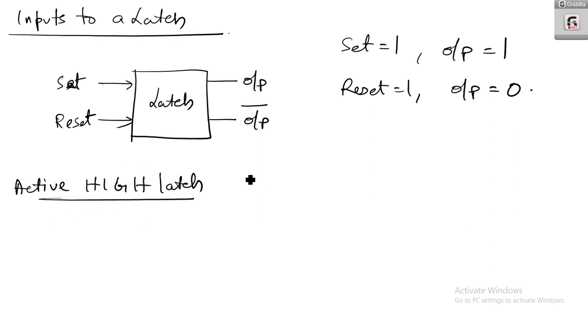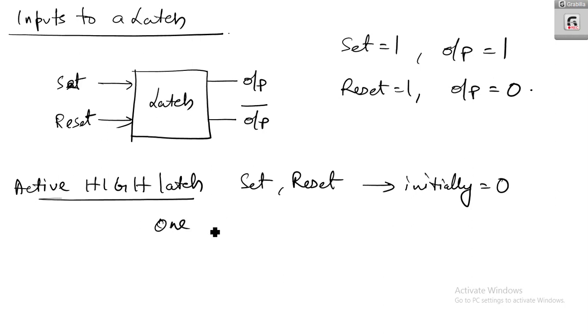Here set and reset will be initially 0. That is, initially it will be at low state. Now, one of them, that is one of set or reset, is made high.